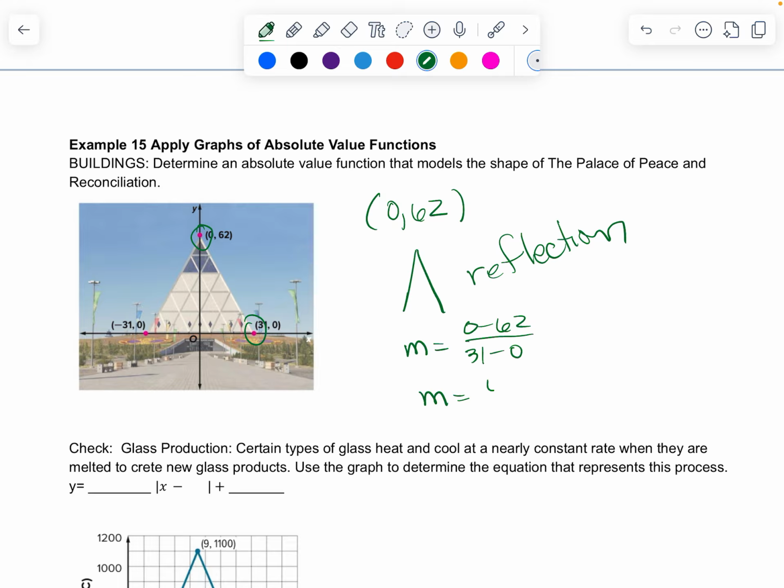So the slope is negative 62 over 31, so the slope is negative 2. So g of x equals negative 2 absolute value of x, and then we move it up 62.